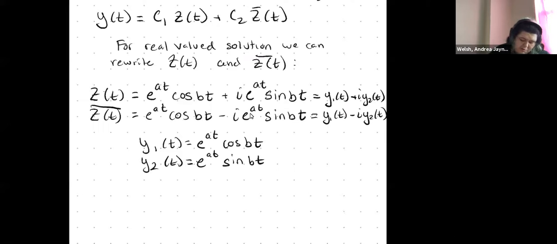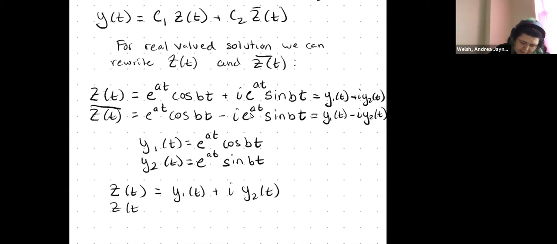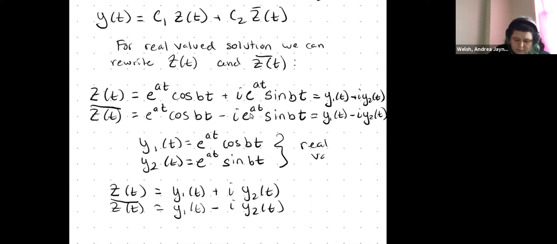So we can then rewrite our complex solutions here as z of t equals y1 of t plus i y2 of t, and similarly z bar of t equals y1 of t minus i y2 of t. And we can notice that y1 and y2 are both real valued functions. So that's good. We're making some progress.